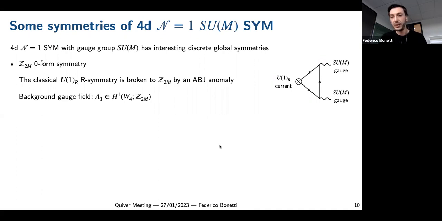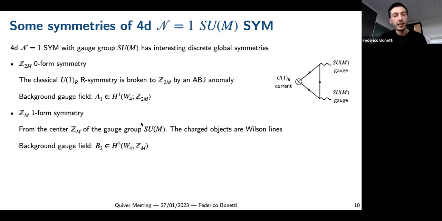It starts its life as the U(1)_R symmetry, that is broken by a well-known ABJ anomaly with the gauge SU(M). And as customary, when we have an abelian discrete zero-form symmetry, a background gauge field for it can be thought of as a cohomology class. In a sense, it's a discrete version of the familiar connection one-form that we would have for, say, a continuous symmetry. So this is the first ingredient.